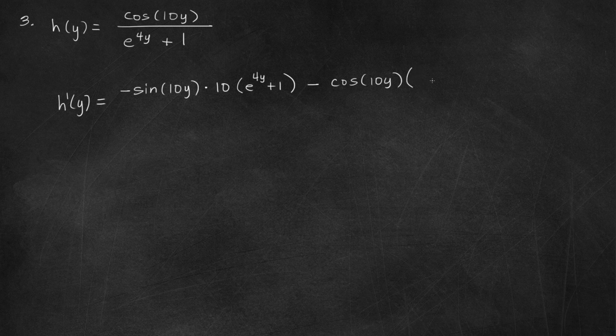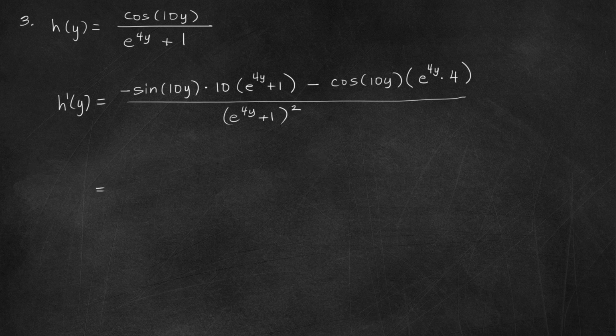The derivative of the bottom, I'm taking the derivative of e to the stuff plus 1. So the derivative of e to the stuff is e to the stuff times the derivative of the stuff. And then the plus 1 just becomes plus 0. All of that over bottom squared, e to the 4y plus 1 squared.